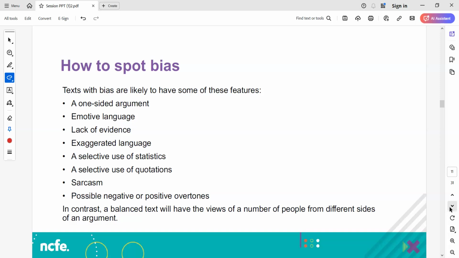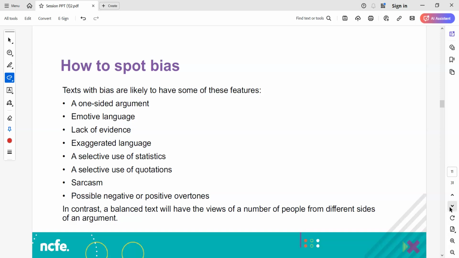A selective use of quotations. So an article that might include a fair and balanced argument showing both sides might be used to back up just one side of the argument, just by quoting from the parts that the writer agrees with.